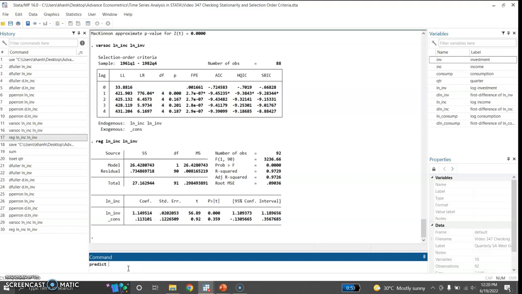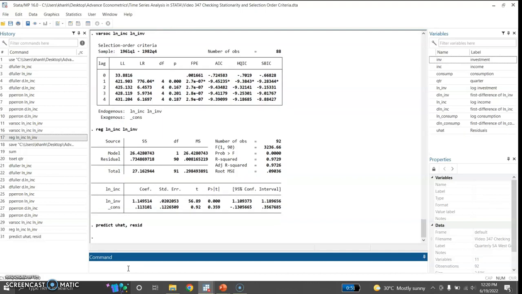And after this, I can predict residual U hat, RESID. Now this is residual. So I can check some tests for this. So let me first check the HET of UHAT.